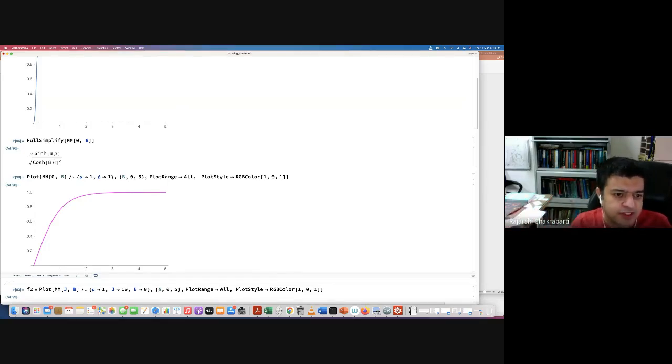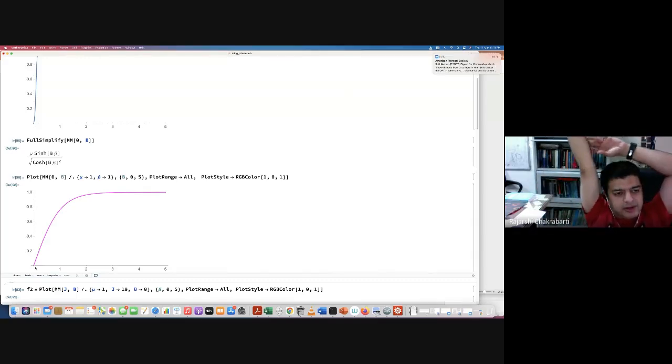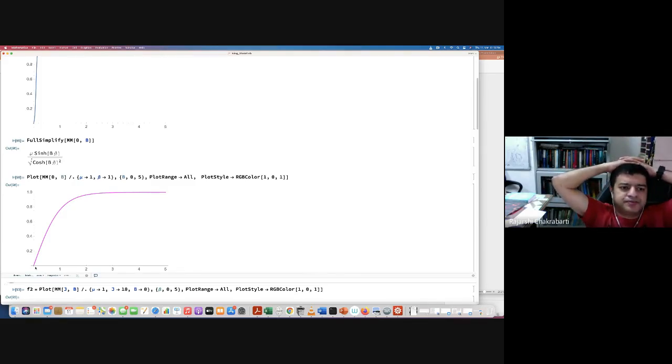When there is no magnetic field, your magnetization has to be what? 0, because they're randomly oriented. As you apply the magnetic field, the spins start orienting themselves, aligning with the magnetic field. That is the tendency, isn't it?